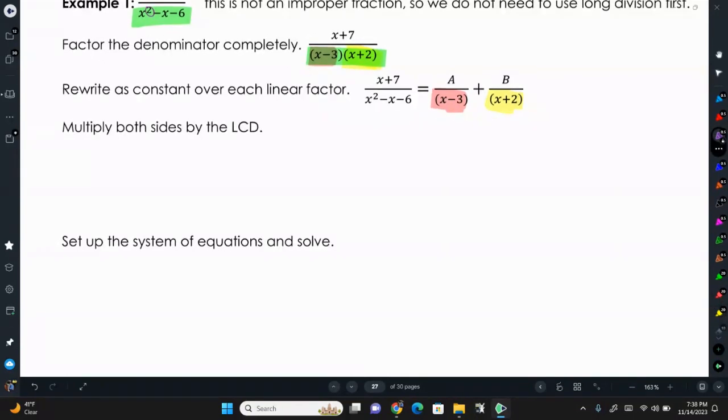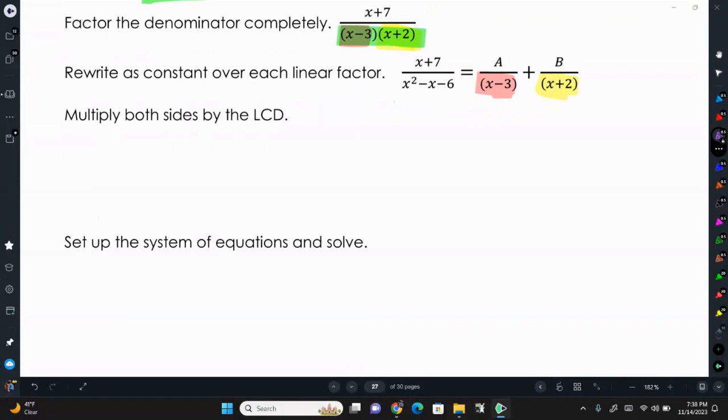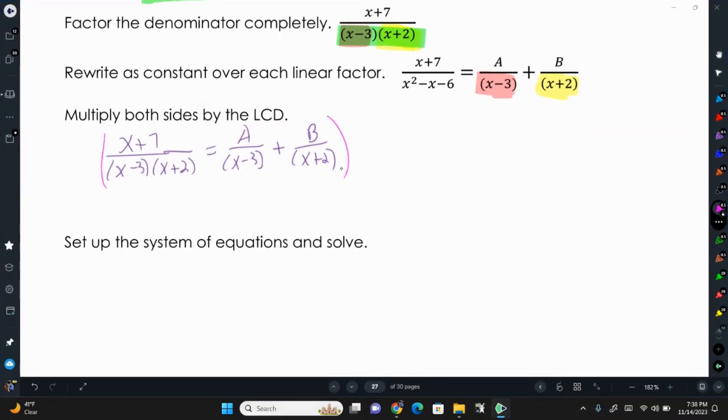So then what we'll do is we're going to rewrite this as x plus 7 over x minus 3 times x plus 2, which equals A over x minus 3 plus B over x plus 2. So we're going to multiply everything by the least common denominator, which is that factored x minus 3 times x plus 2.